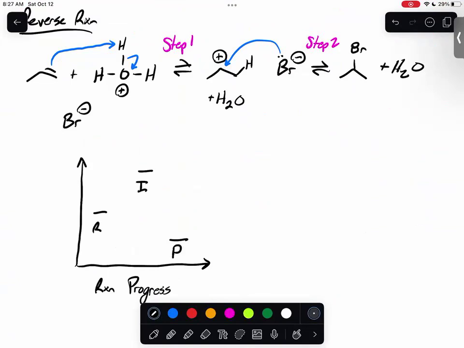So if we're drawing all of our peaks in between, you'll notice something interesting. This time, if we look thermodynamically, we still have the three delta H values, and we even have a very large one from the intermediate to the product.